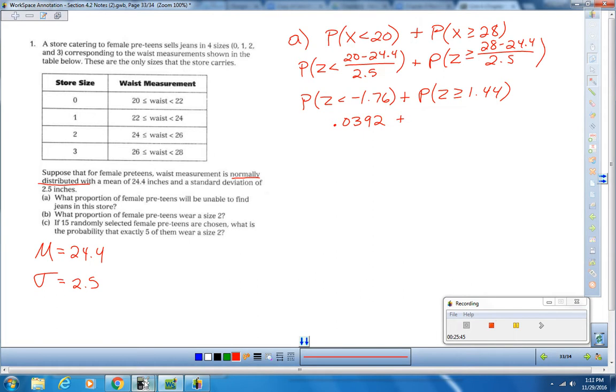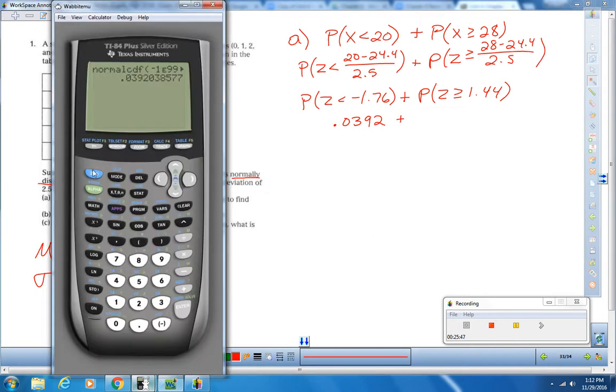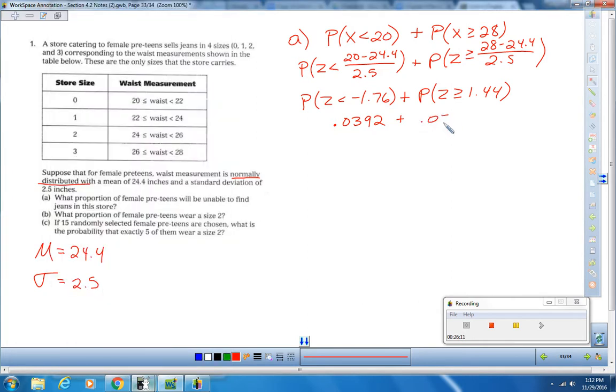Okay? So I'm going to do this again, but now I'm going to do greater than, so I'm going to do normal CDF. This time my lower boundary is my 1.44, and my upper boundary is a bunch of 9s. And I get 0.0749. And if I add those two numbers together, that should give me the proportion of these preteens that cannot buy clothes here.